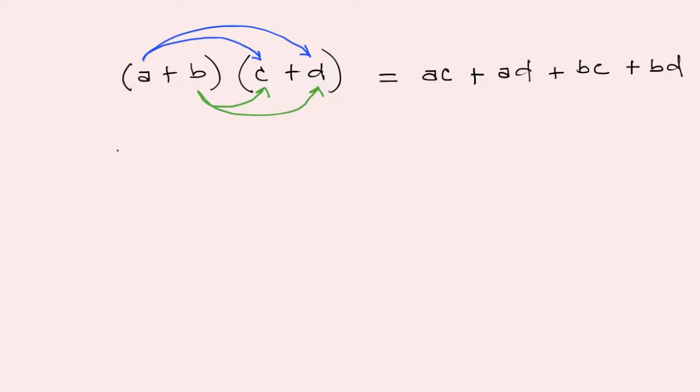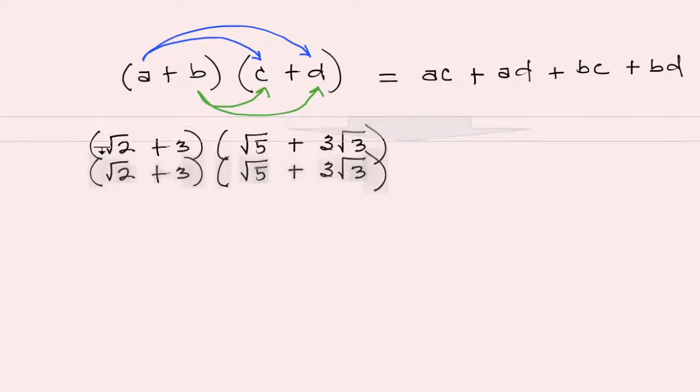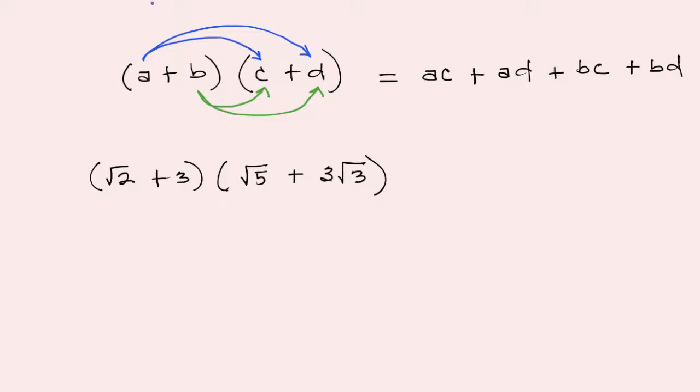And so if we take our first example under this, we'll have root 2 plus 3 multiplied by root 5 plus 3 root 3. Now don't forget, the first thing we have to do, let me add a little space here. So don't forget, the first thing we have to do is multiply this first term by the first term and the second term in the second bracket, and then we multiply the second term in the first bracket by both terms in the second bracket as well.